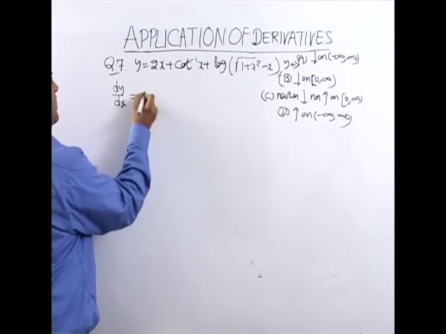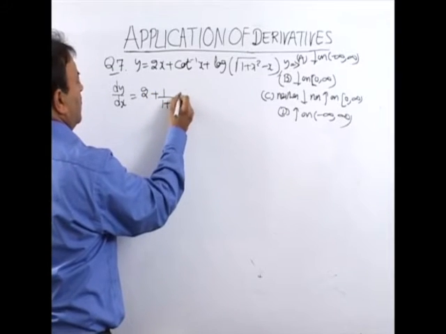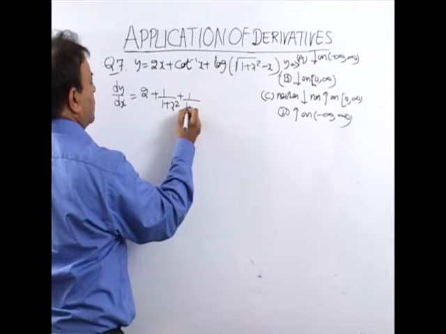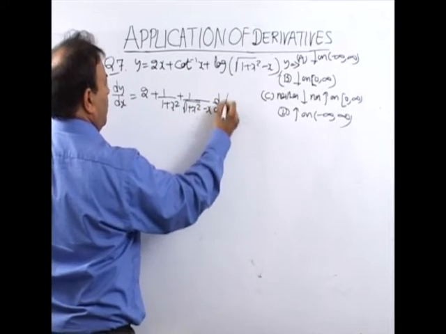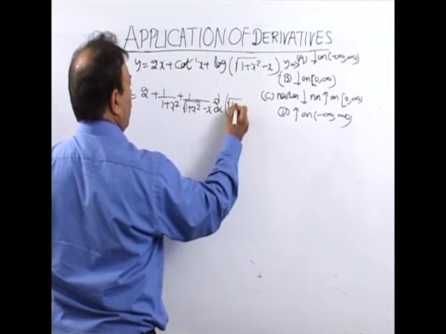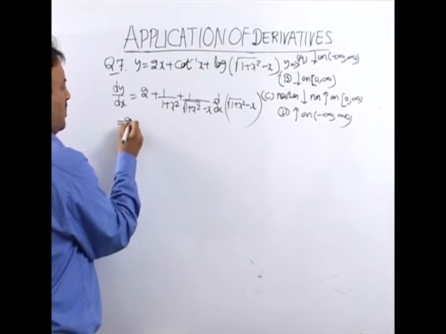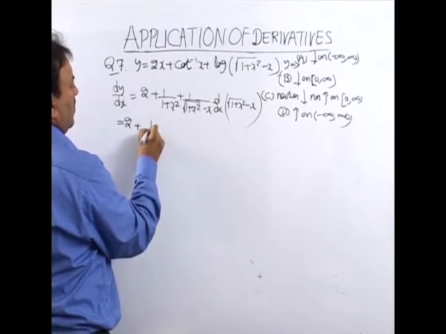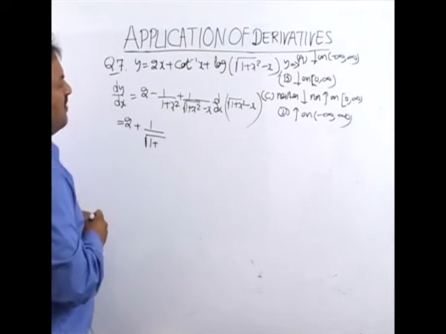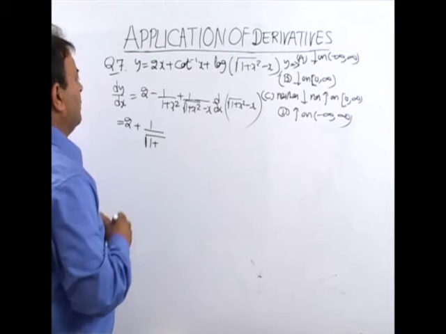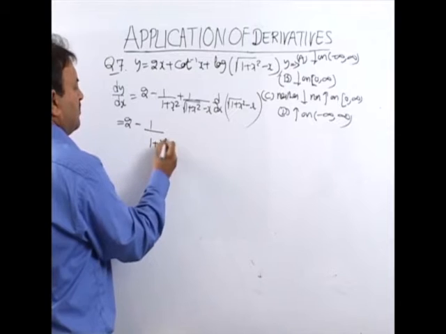dy by dx is equal to 2 plus 1 upon 1 plus x square plus 1 upon square root of 1 plus x square minus x, times the derivative of square root of 1 plus x square minus x. This is 2 plus... the differentiation of minus cot inverse x is 1 upon 1 plus x square, minus 1 upon 1 plus x square.